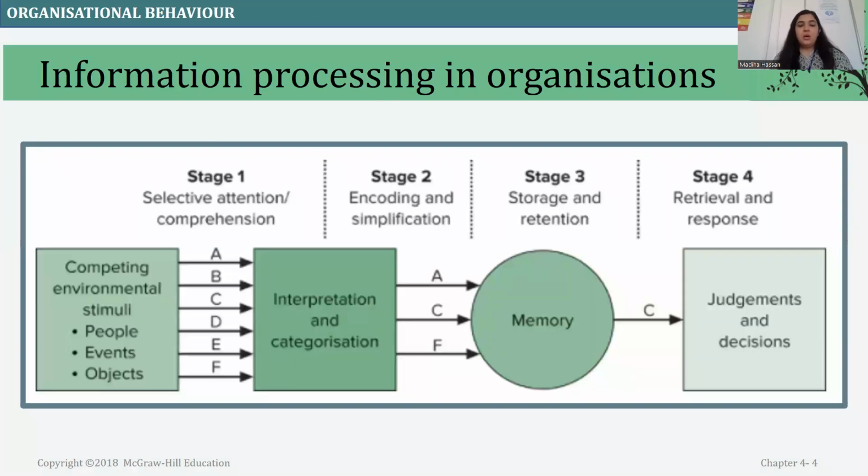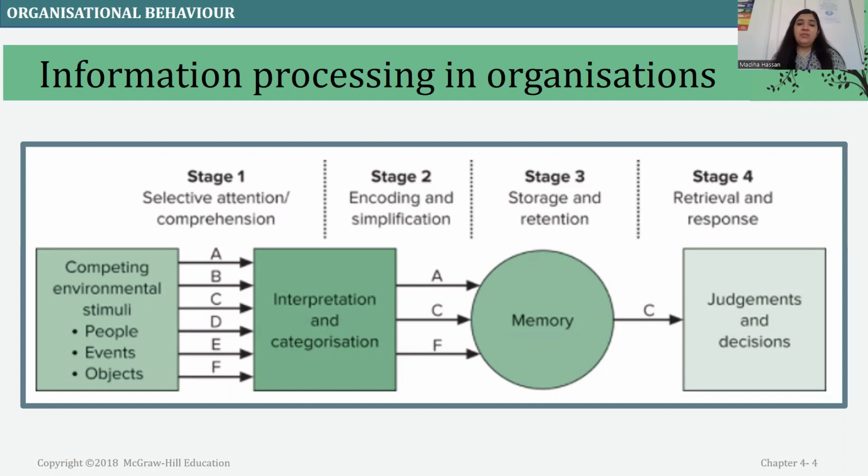Okay, so the picture that you can see on the screen says information processing in organizations. Normally, how is information processed in an organization? It has 4 stages, starting from selective attention and comprehension, encoding and simplification, storage and retention, and retrieval and response.